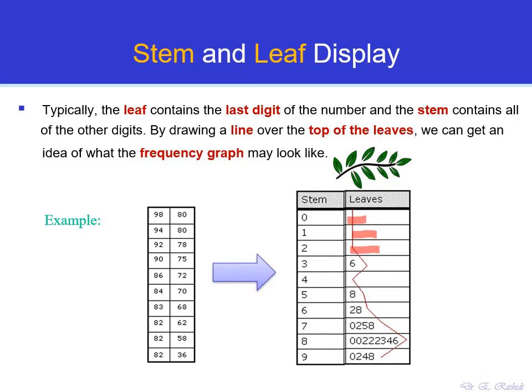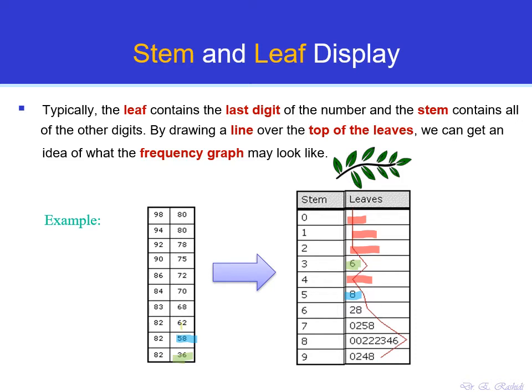I have 36 here, so I'm going to put 6 in this column. I don't have any numbers in the 40s, so no leaves here. I have 58 here, so I put 8 in the leaf column for the 5.